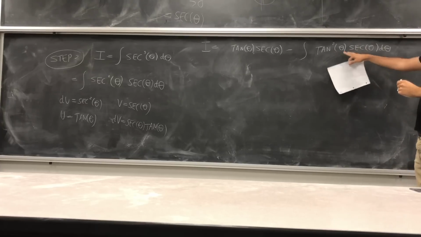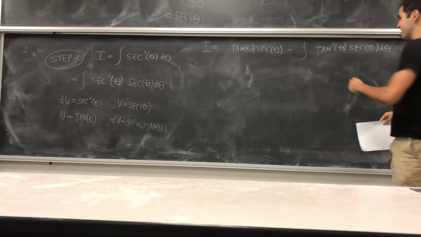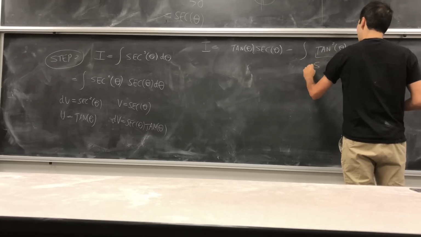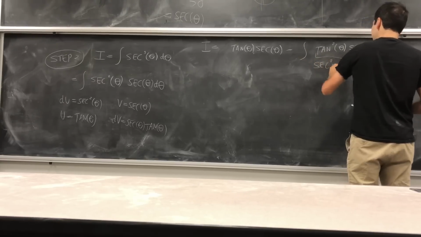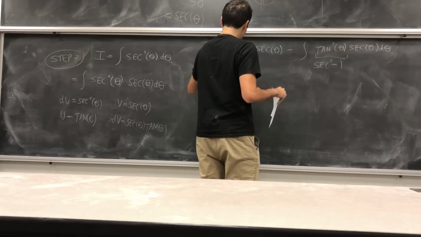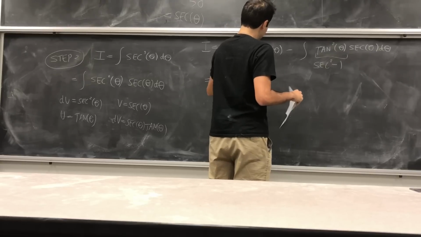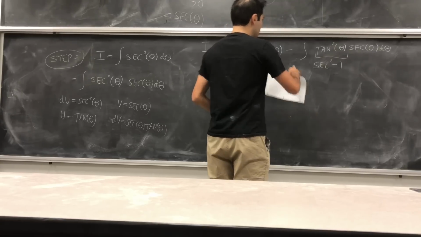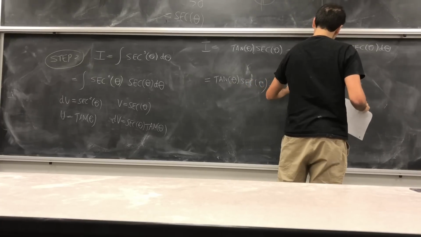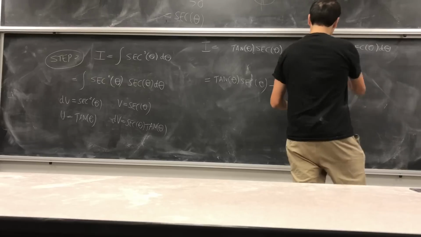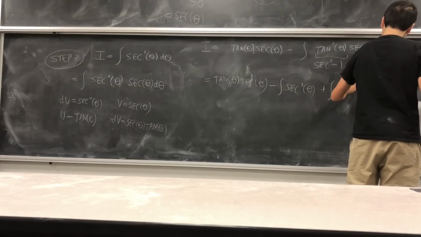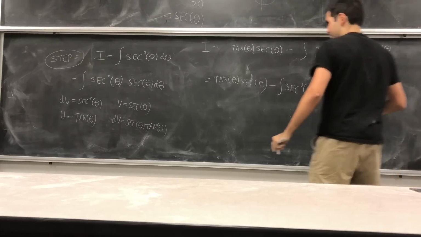But it turns out we can simplify this because, again, using our trig identities, we have tangent squared is secant squared minus 1. So this becomes tangent theta secant theta minus the integral of secant squared times secant, which is secant cubed theta, and then plus the integral of secant theta d theta.